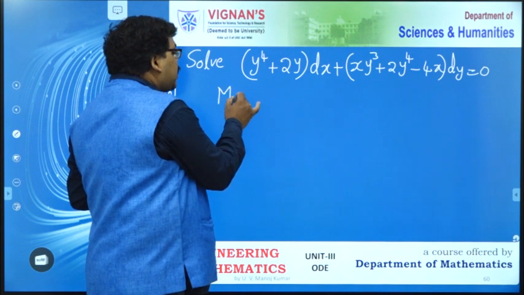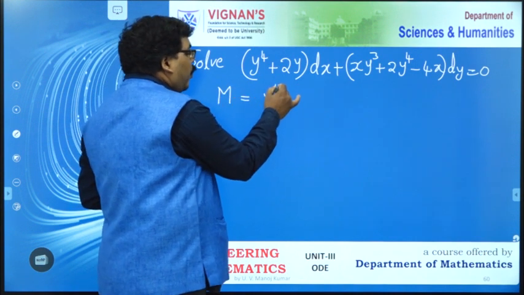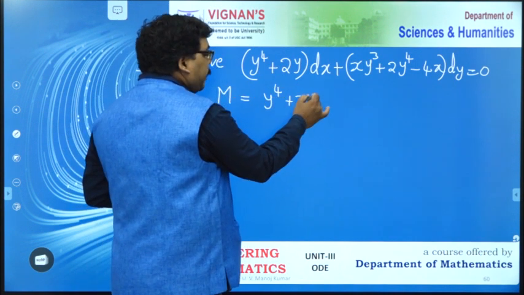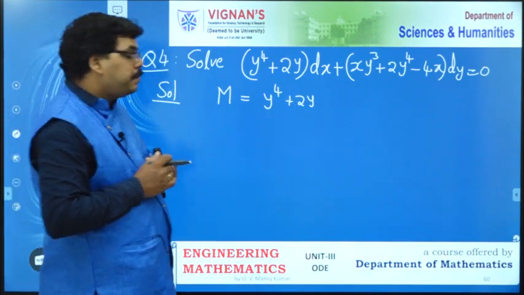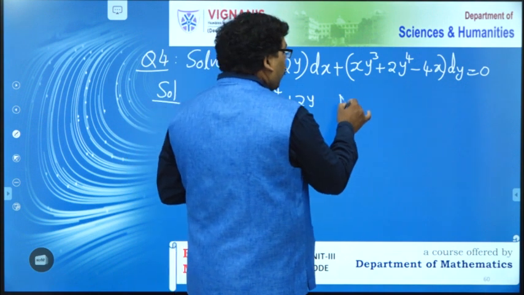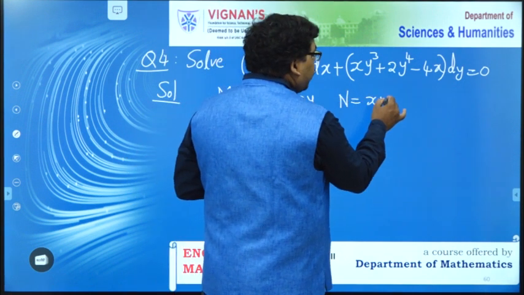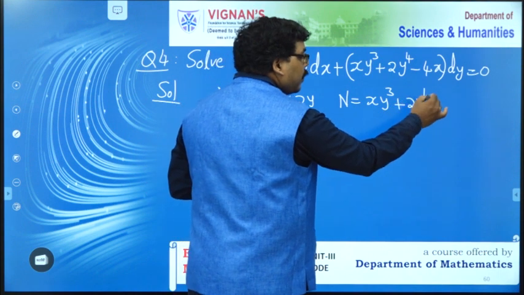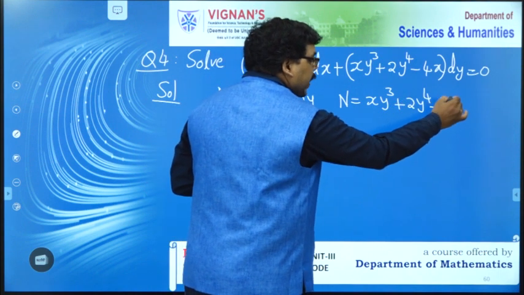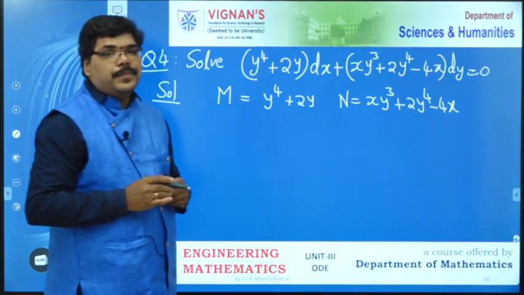So we will get M equals to y power 4 plus 2y. What is N? xy cube plus 2y power 4 minus 4x is my N.